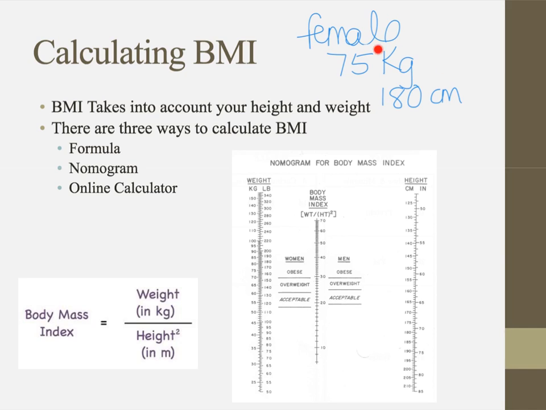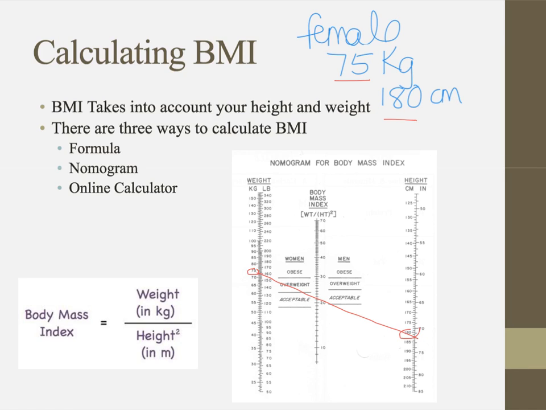I can either use that information to calculate the BMI with this formula, or I can use a nomogram. To do that, I'm going to draw a line that connects my 2 values. So I would find 75 kilograms on this chart, which is right here, and I would find 180 centimeters, which is right here, and I would use a ruler, which I don't have, to draw a line between them.